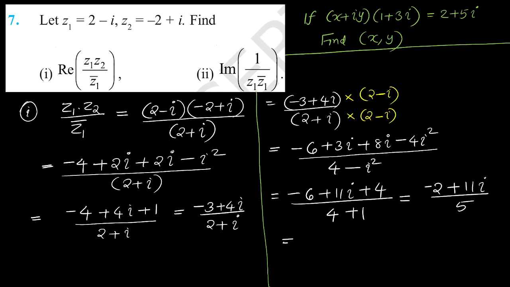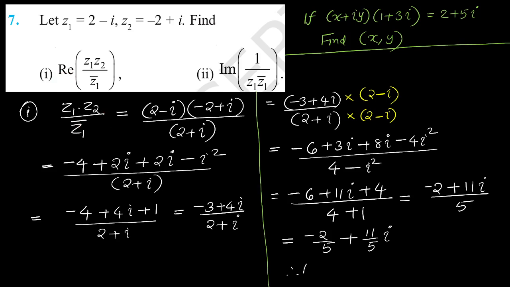So in the standard form, let me split into two. One is minus 2 by 5, plus 11 by 5i. So for this complex number z1 into z2 by z1 bar, after simplification, I got this value. But what is our question? We have to find the real part of this. Re stands for real part.